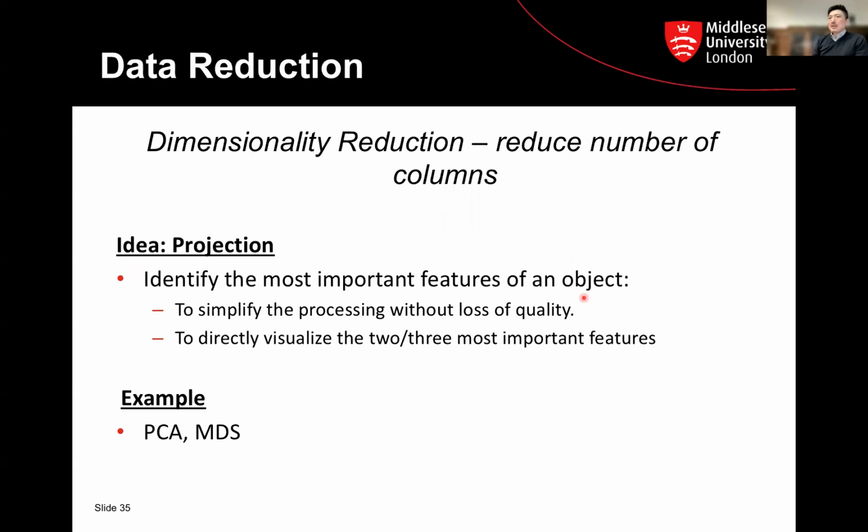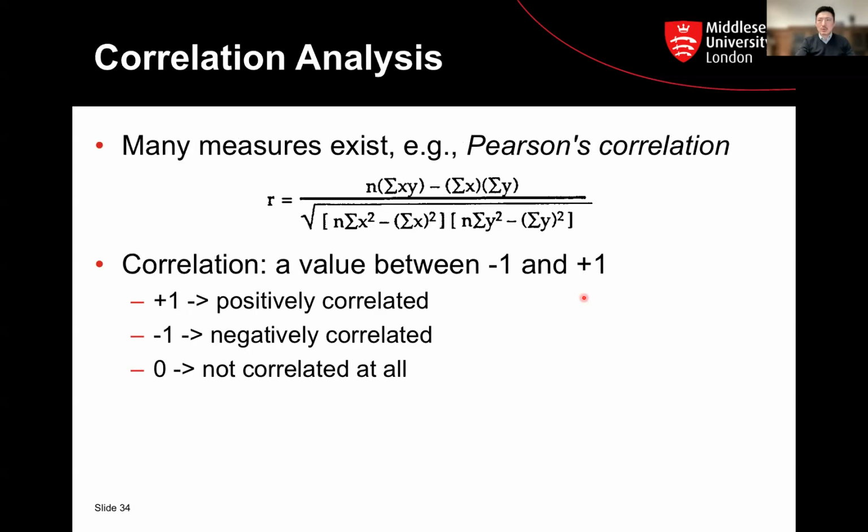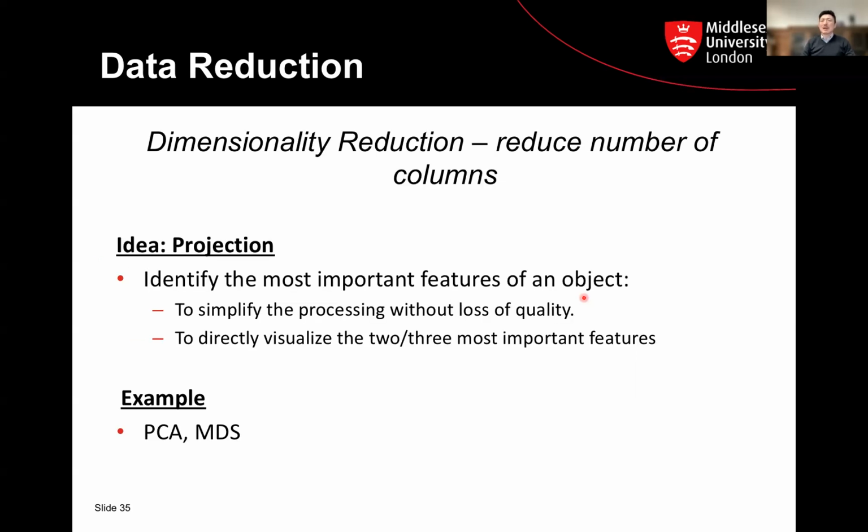Okay, the other way, the more advanced way to do this and more related to data mining or machine learning, is dimensionality reduction. Here it does not simply remove columns. Previously, with correlation analysis, if you found two columns highly correlated, you could remove one of them and only keep the other. Here we don't simply remove columns.